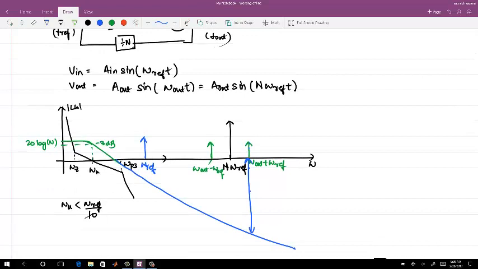You see that the minus 3 dB bandwidth of the PLL, which is omega ref by 10, is much lesser than the reference spur which I am seeing at the output. I am applying a disturbance in the PLL at every reference frequency, and I am looking at the output spectrum at N times omega ref plus minus omega ref.